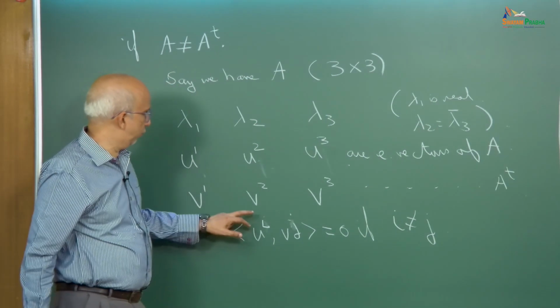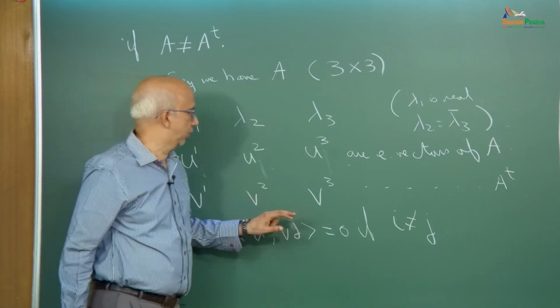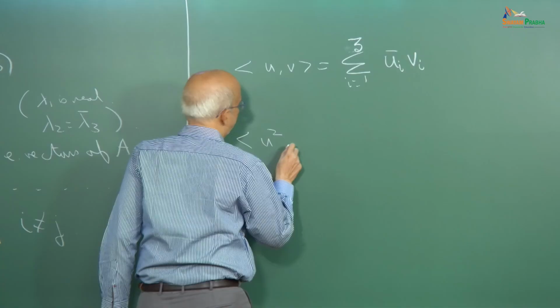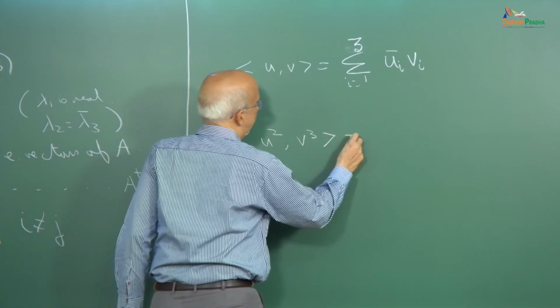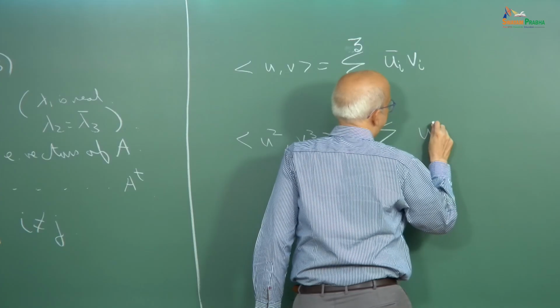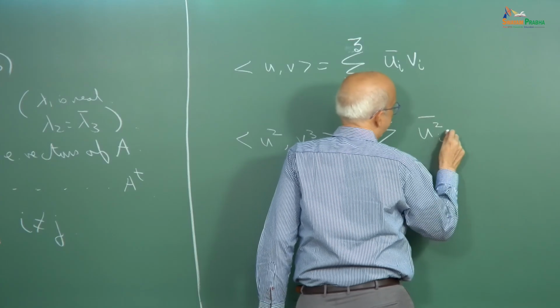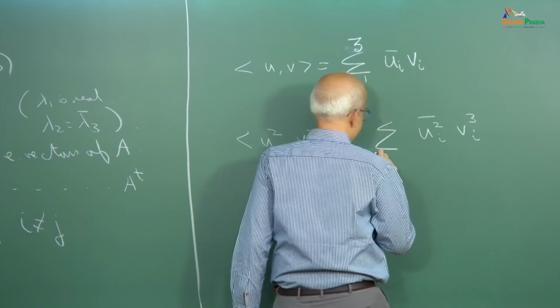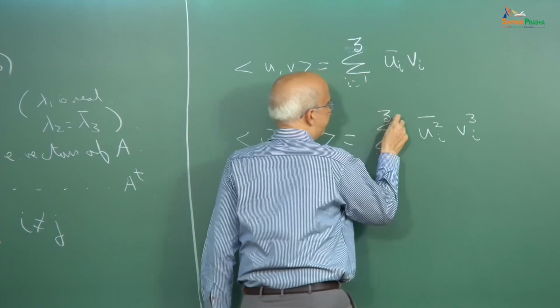So, the inner product of U2 with V3 will be the sum over i equals 1 through 3 of U2 bar i V3 i.